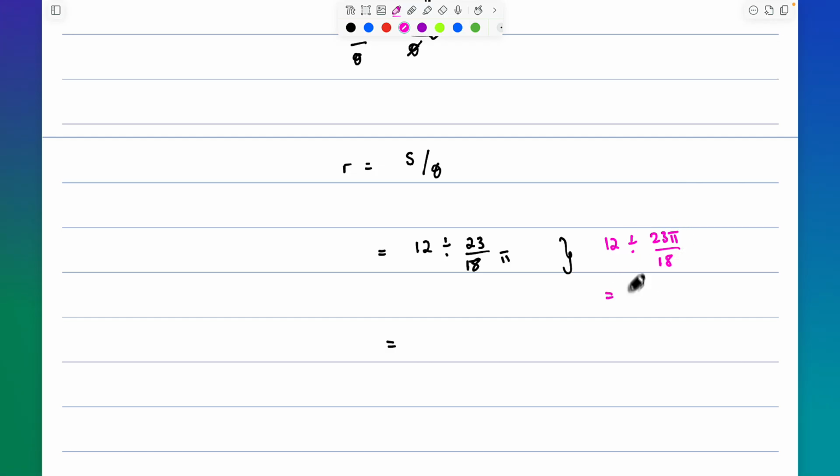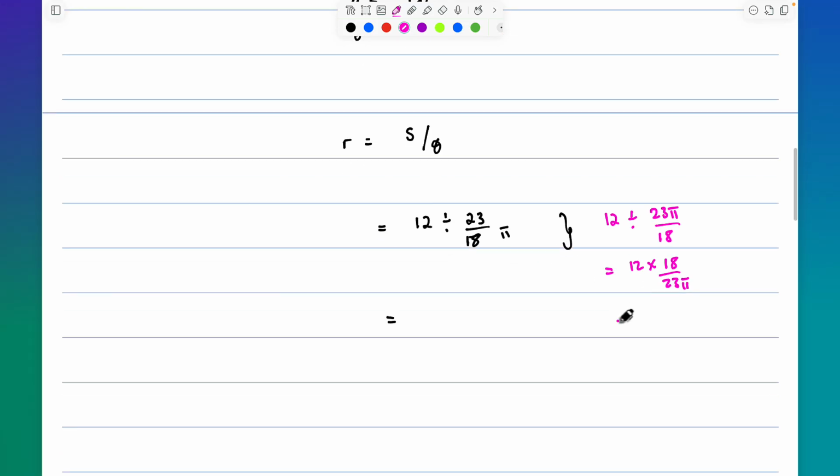This is stuff from a while back. If you change your division sign to multiplication, and then you have to flip this around, right? 23 pi, so 12 multiplied by that gives you 216. If you divide it by 23, I don't think you can simplify that, so that's going to be 216 over 23 pi.